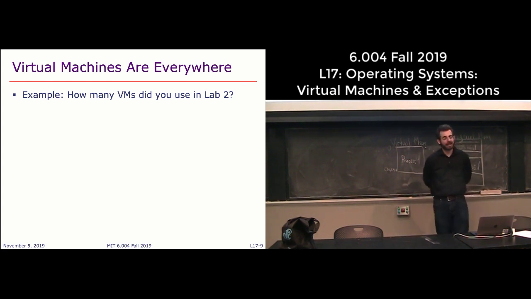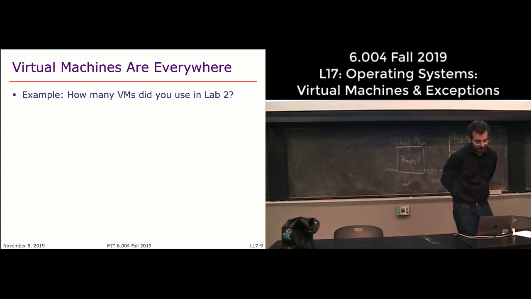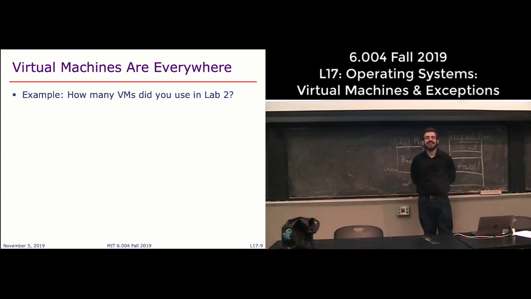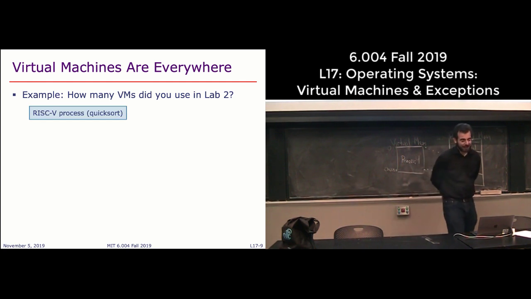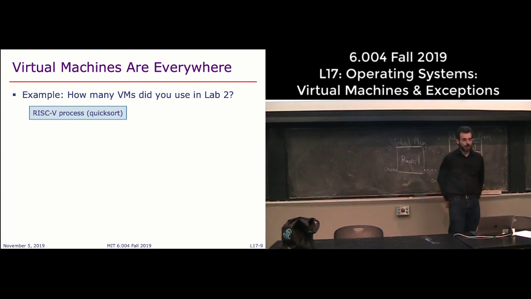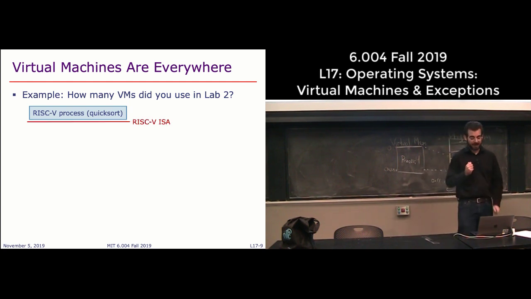And so without looking at the handout, can you tell me how many virtual machines did you use in Lab 2? Let's count. Okay, so in Lab 2, you wrote a program called Quicksort. Yes? This is a RISC-V program, and when you run it, it's a RISC-V process. And this process is coded against the RISC-V ISA.